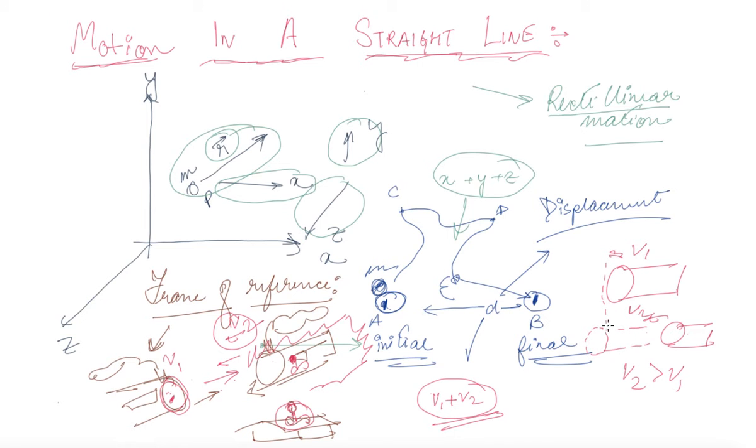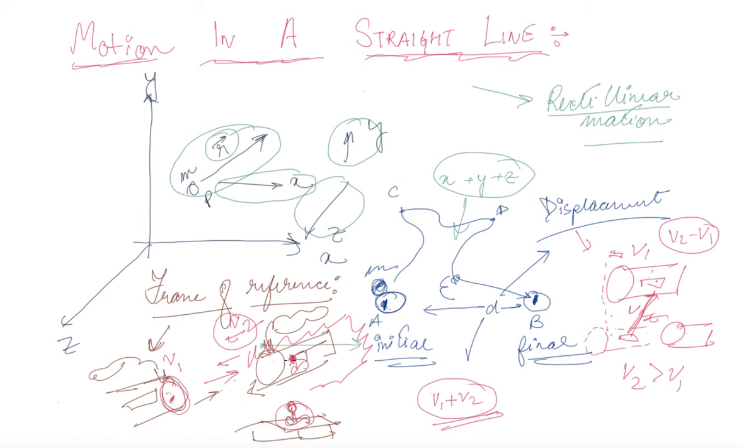Now if you look at the passengers sitting in this train, you can easily observe them, the reason being that their relative velocity gets subtracted. This is V2 minus V1, and so the relative displacement between them is smaller. So by looking at this example, we can easily verify the relative speed and the relative distance.